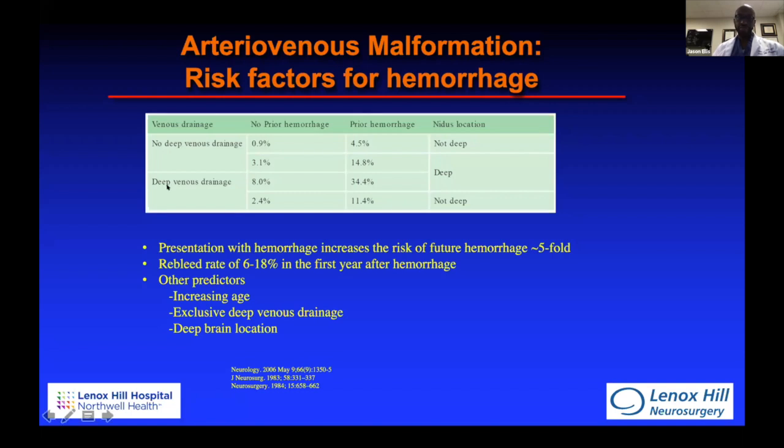If you have deep venous drainage, you're more likely to bleed. And the nidus location, if you're deep in location, you're more likely to bleed. A rebleed rate within the first year can be up to 18 to 20%, so relatively high.